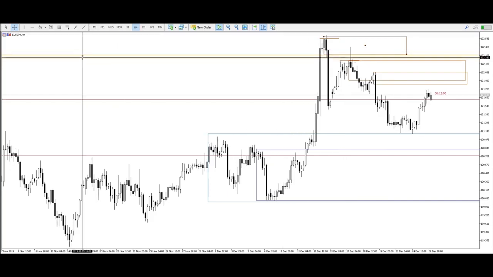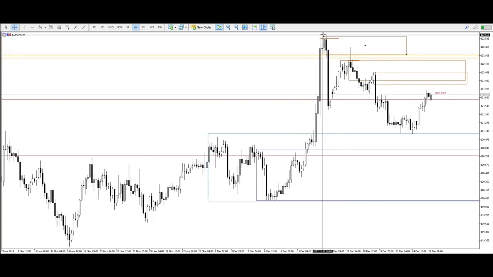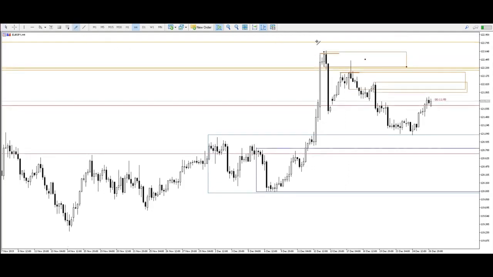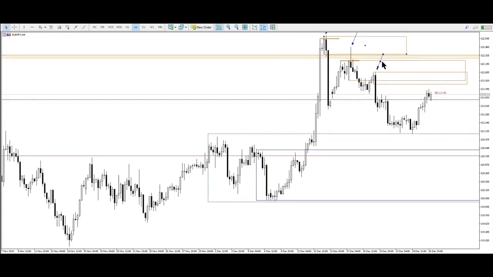forming a lower high. Okay, but what's most important is these major highs are being kept intact. Alright, so we're producing a high, lower high, lower high. Alright, so we've broken structure here.